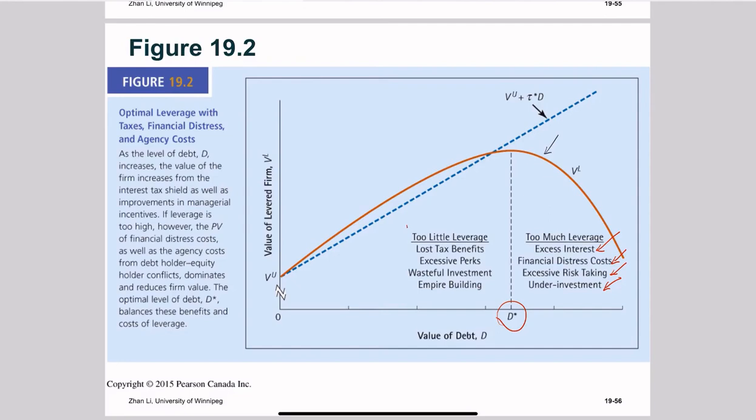However, you can see that there is also the cost from too little leverage. Right? So there is first the lost tax benefit. This basically refers to the fact that if you have proper leverage, then you could enjoy this interest tax shield, which will increase the firm's value. And then there are excessive perks. So this is about the agency benefits of debt.